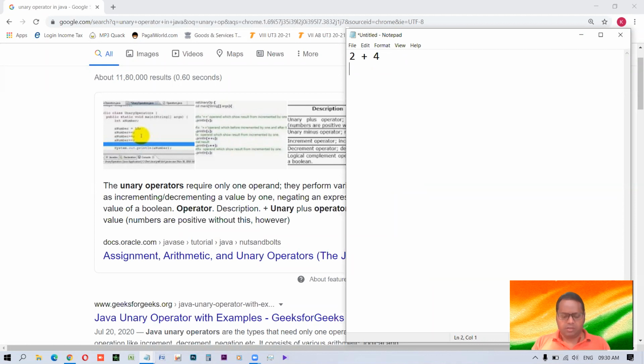The same way, if we are doing something like this multiplied by this, here also, this is multiplication operator, one of the arithmetic operators, which needs two operands to work. It simply means we can't write like 5 multiplied by nothing, only one operand. This is wrong.